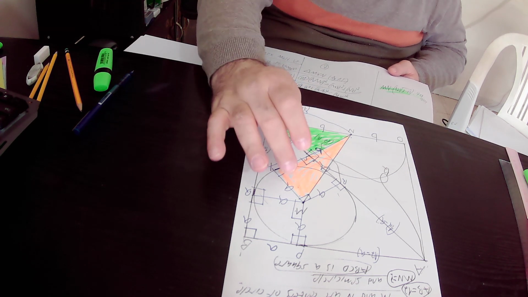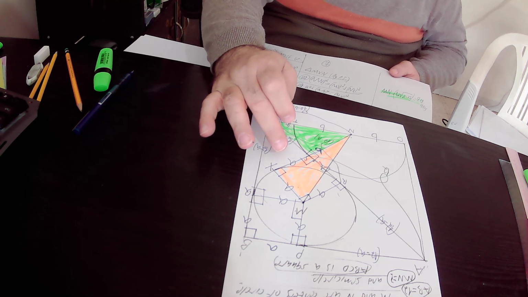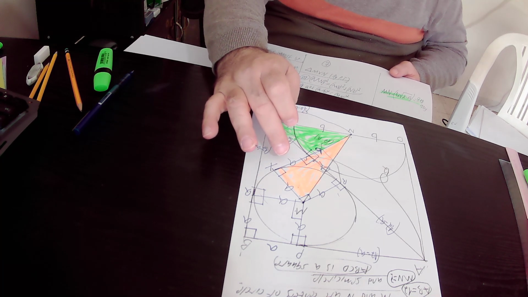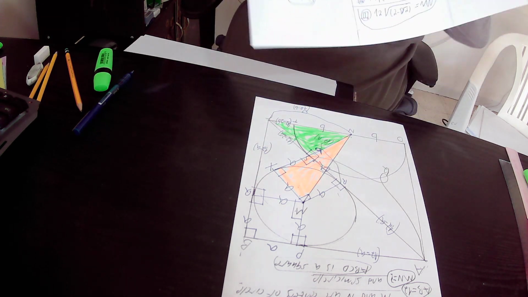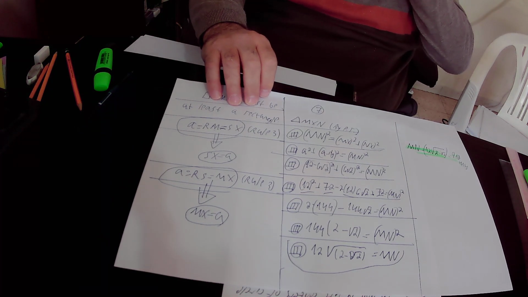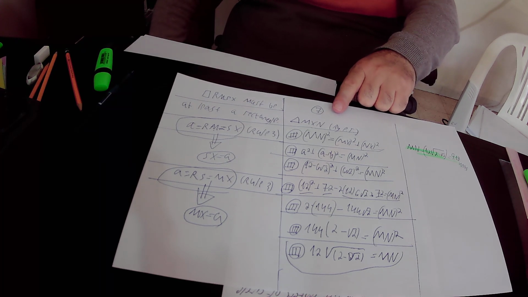And because of the fact that angle MXN is equal to 90 degrees, triangle MXN is a right triangle. So we can implement the Pythagoras theorem on the right orange triangle, triangle MXN. According to the Pythagoras theorem, in the orange right triangle MXN, the square of the hypotenuse equals the sum of the squares of the perpendiculars.